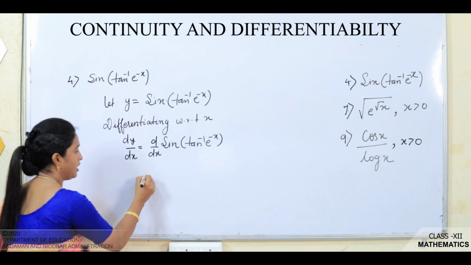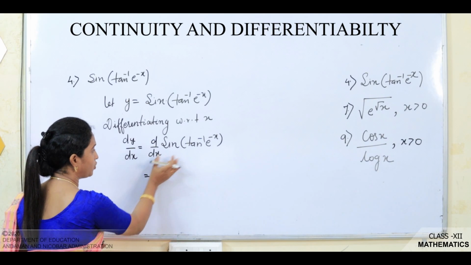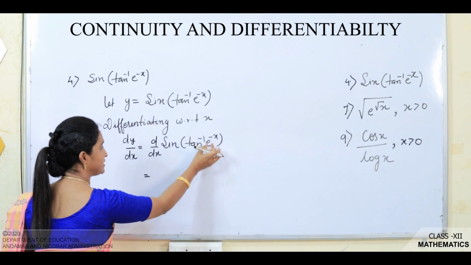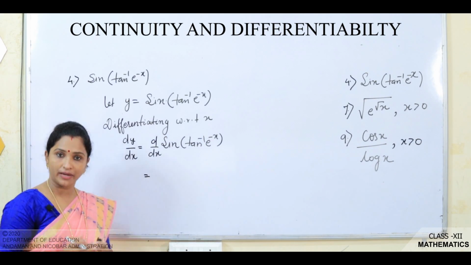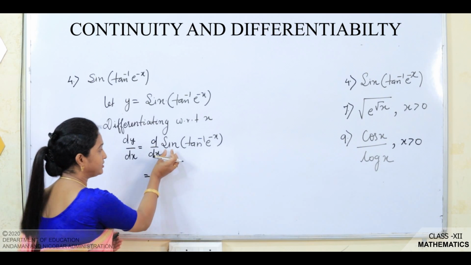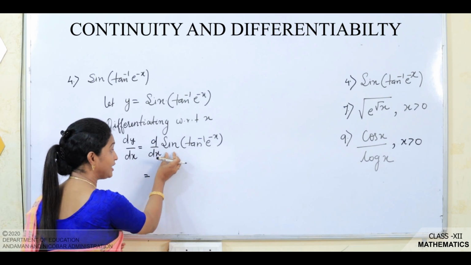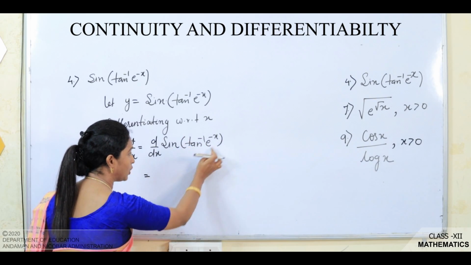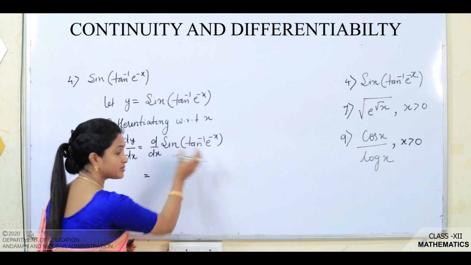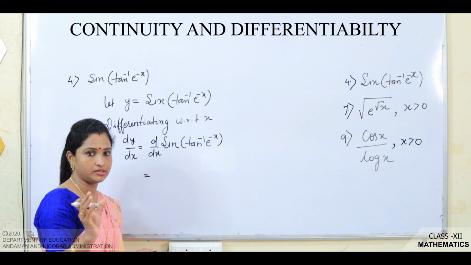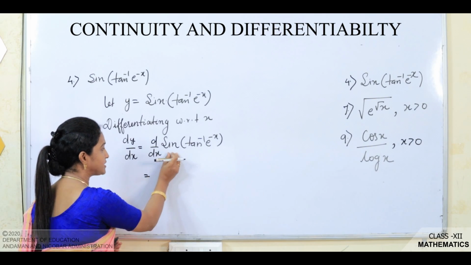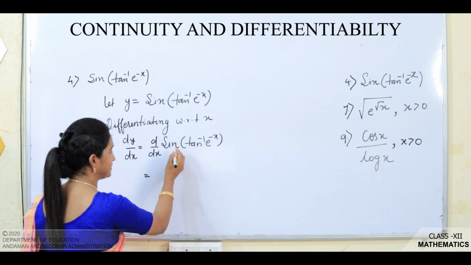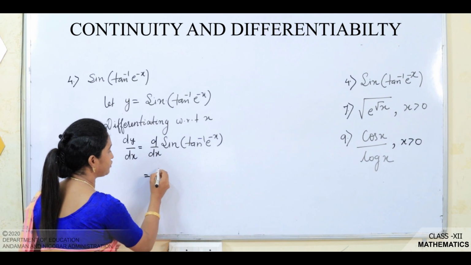Clear children? Now when you want to differentiate sine tan inverse e power minus x, you have to apply chain rule here, because this is not sine x, this is sine of something. So you have to apply chain rule. You have to consider this whole term as a single term x. So d by dx of sine tan inverse e power minus x will be, what is the differentiation of sine x?